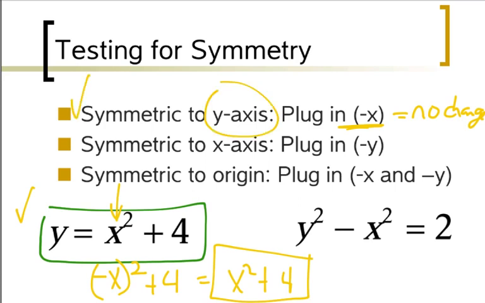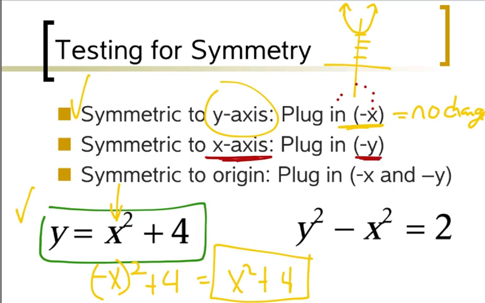And basically what's happening here is, we have a parabola like that. And of course you could fold it on the y-axis and it's symmetric. Okay? Well, now let's do the check for the x-axis. We already know what's going to happen. It doesn't have symmetry there because it wouldn't fold and touch something. But what you're supposed to do is plug in a negative y value to see if you have symmetry for the x-axis.